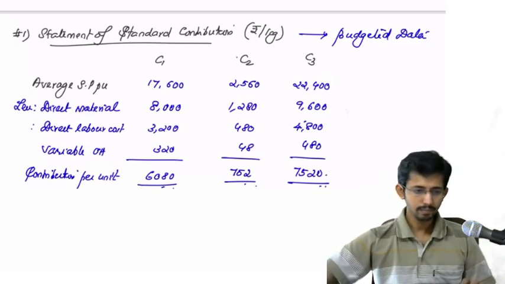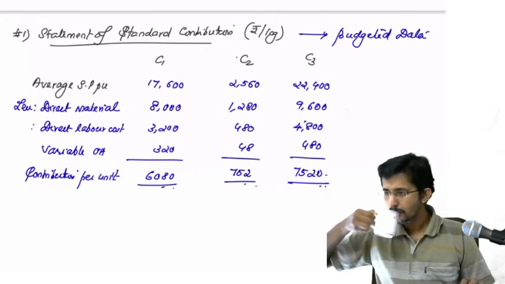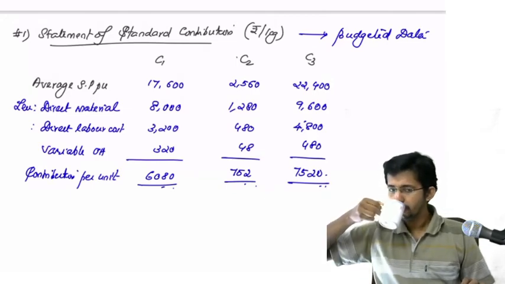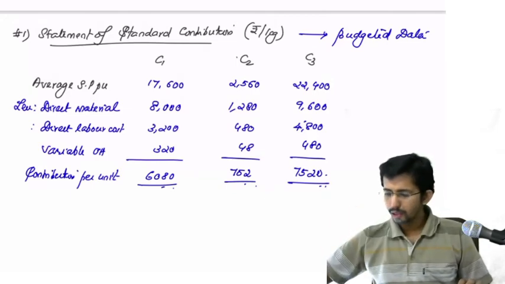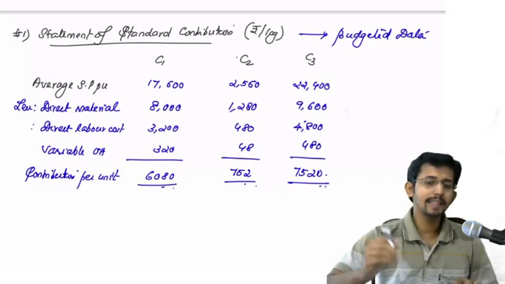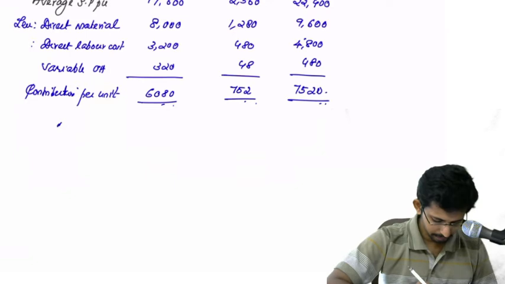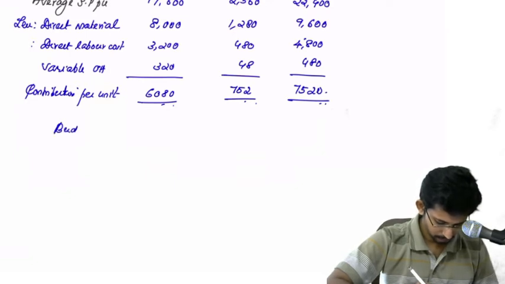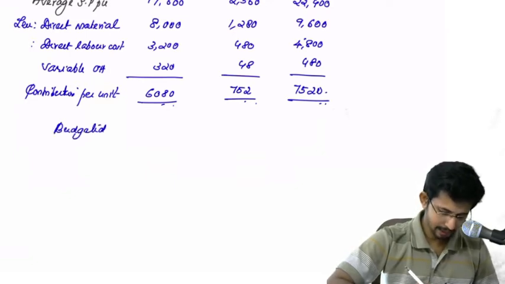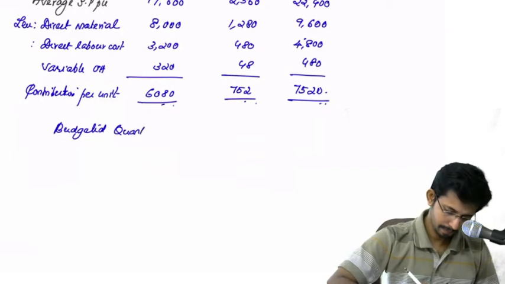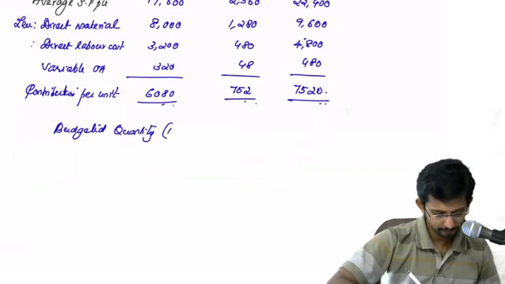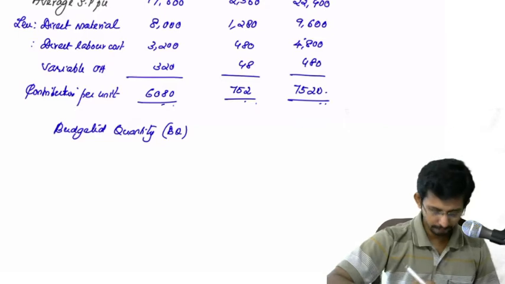Okay. Now what do you have to do? Now you need three things actually. One is budgeted quantity, that is BQ.